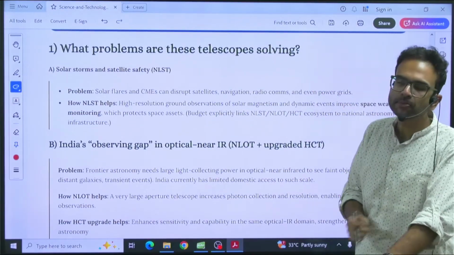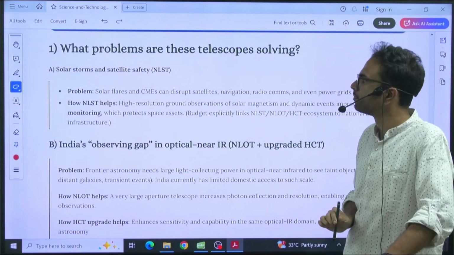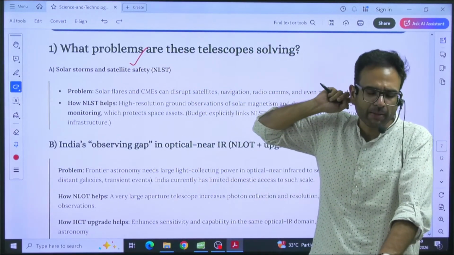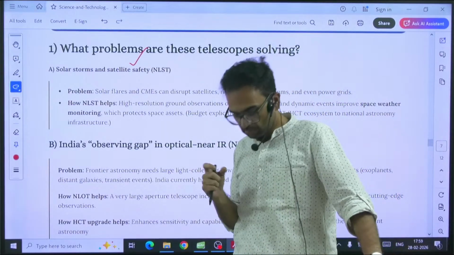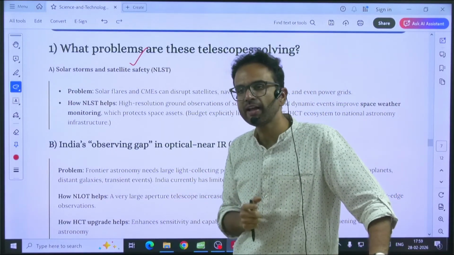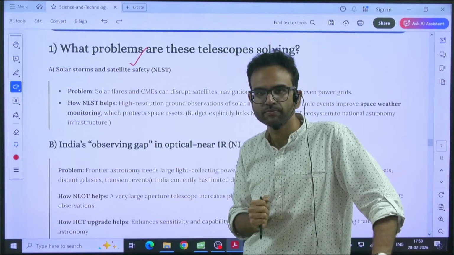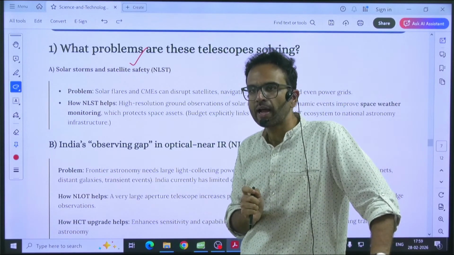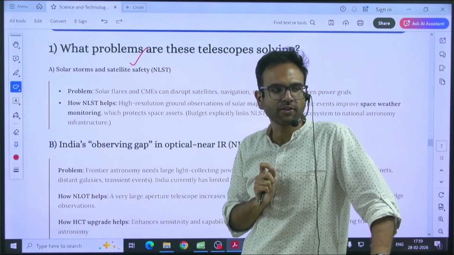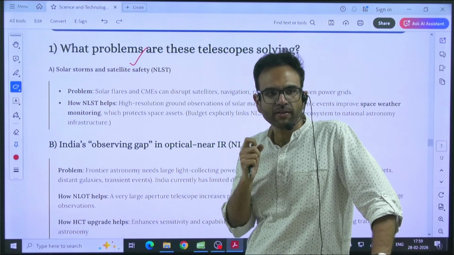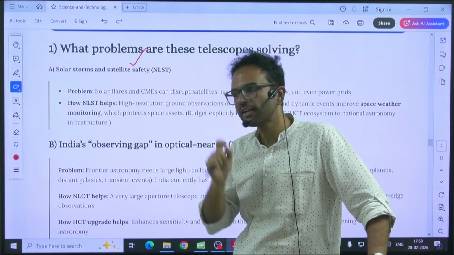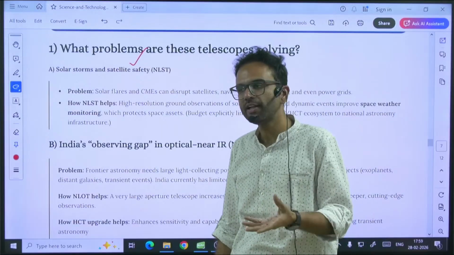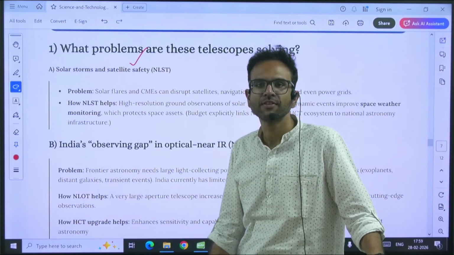Now, what problems are these telescopes solving? Let us understand. First one, solar storms and satellite safety. Imagine you saved a lot of money and invested in stock market trading. Everything depends on microseconds. And as if someone is plotting a revenge against you, there is a solar storm that will create a temporary blackout, which will lead to a massive loss.